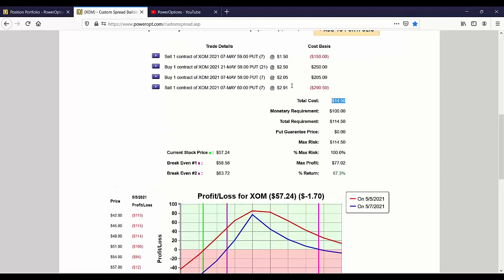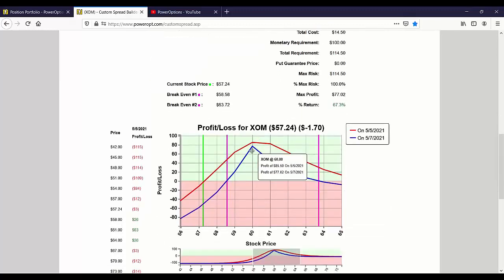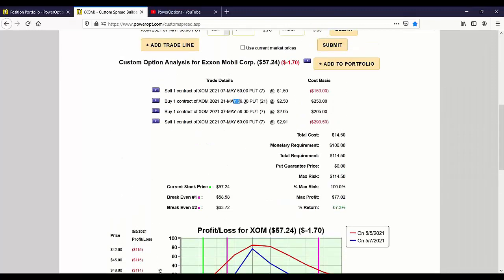Now, what's the risk here? The risk is potentially early assignment, right? Because now I'm in a debit spread, essentially, but you're in a bull put structure. You essentially have a 59 put, and you've sold a higher 60 in that case. So that runs into that same problem where now you have to cover the margin requirement and your put is in the money in this case.